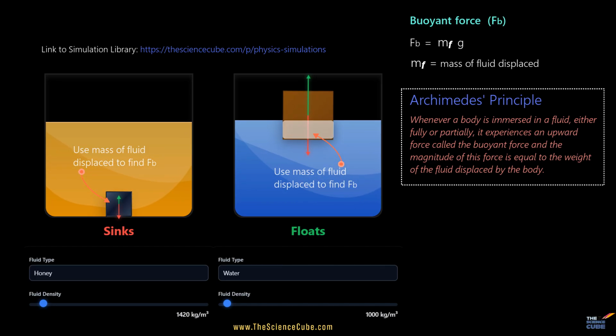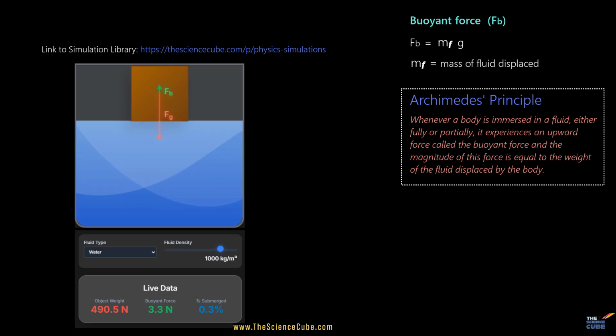Okay, now let us understand what really happens when a block of wood is put in water, as in how the force dynamics change as the block settles into equilibrium position. So let's place a wooden block gently on the surface of water. At first, gravity pulls it downwards, so the block begins to sink a little, and as it sinks, it pushes aside or displaces more and more water.